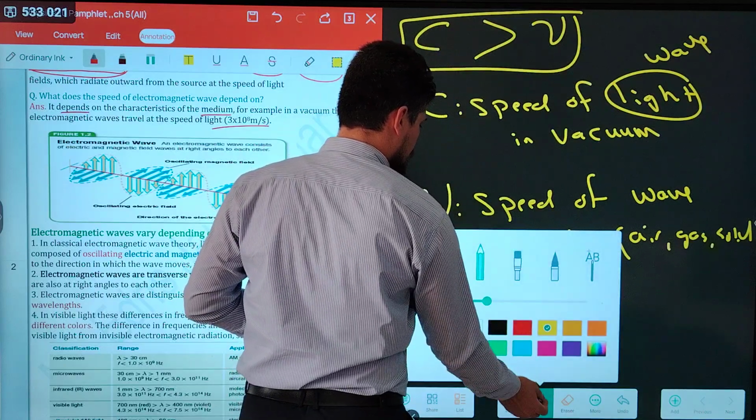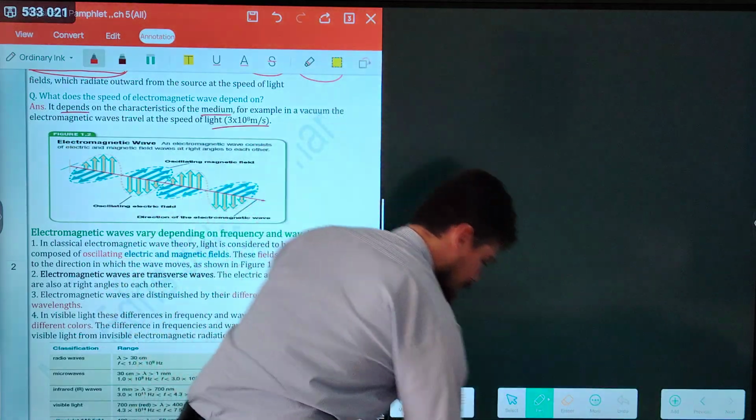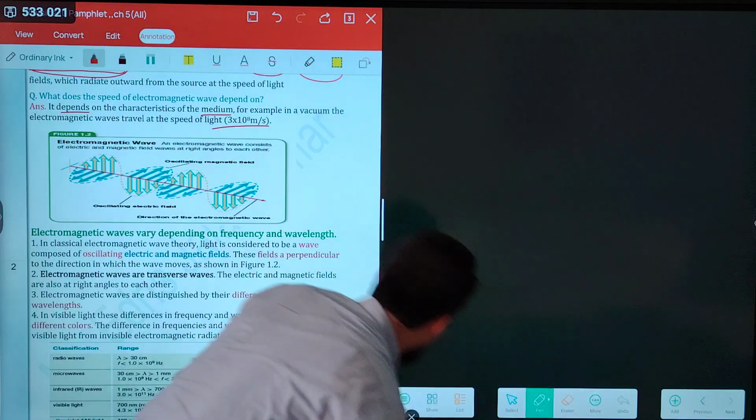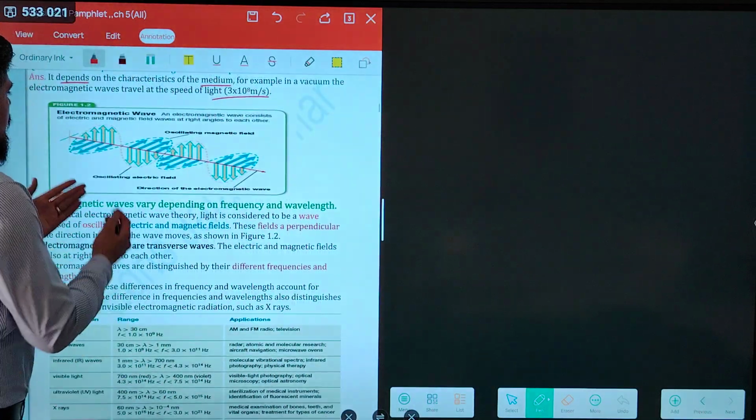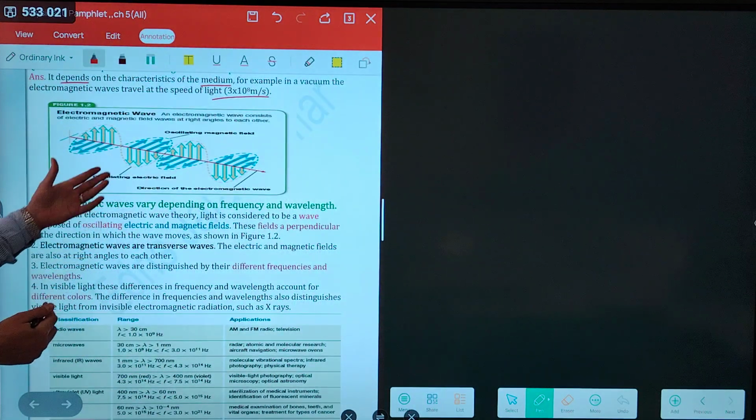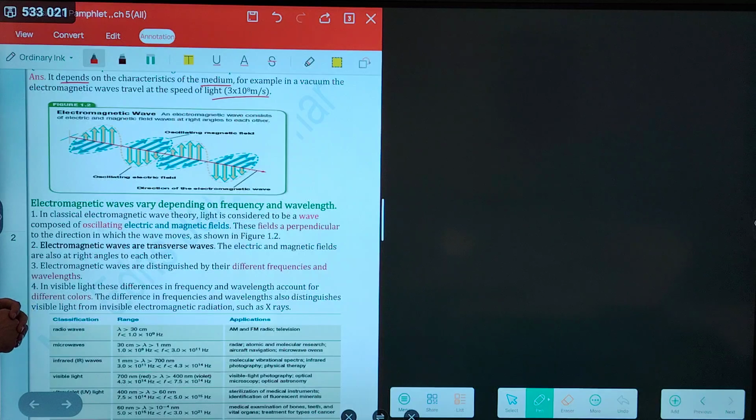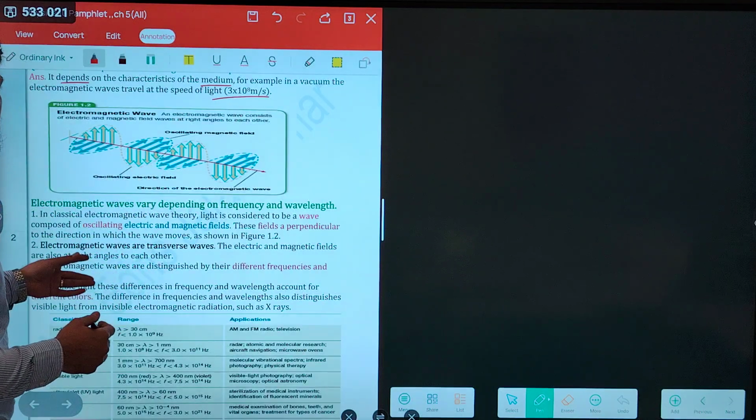So this is the difference between C and V.